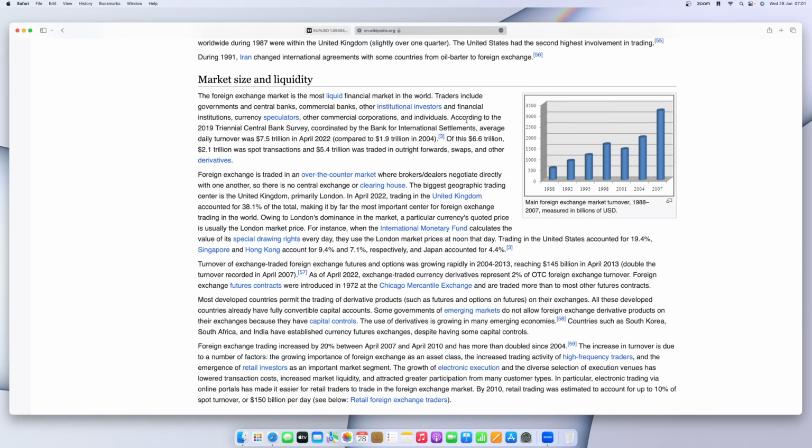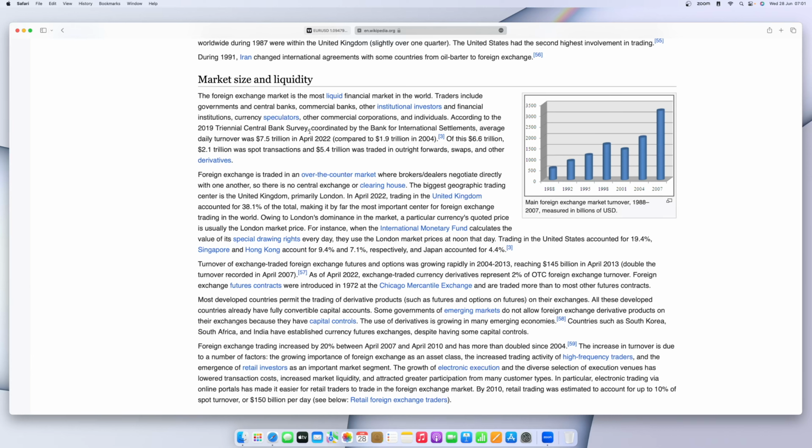According to the 2019 Triennial Central Bank Survey, coordinated by the Bank for International Settlements, average daily turnover was 7.5 trillion in April 2022. What this means is that the amount of money in circulation in the Forex market on a daily basis amounted to $7.5 trillion.